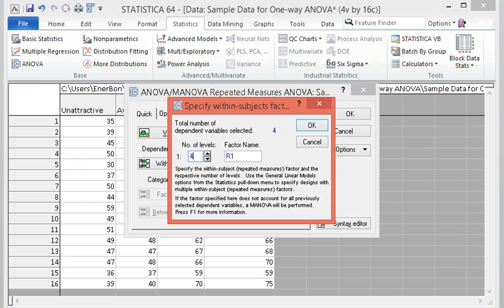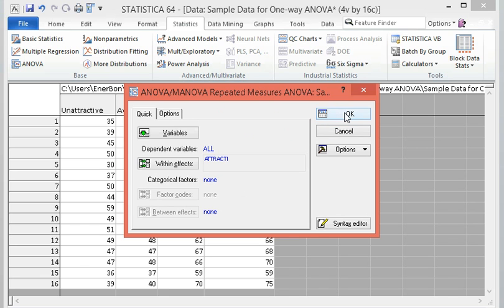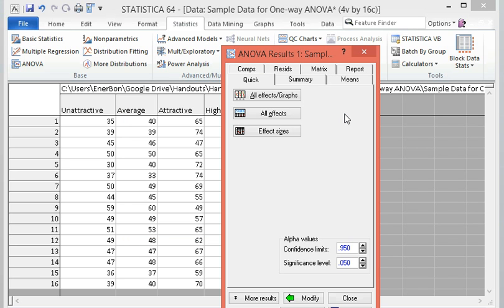So there are 4 levels, and we can rename that factor as attractiveness. And then let's click OK again, and click OK again.